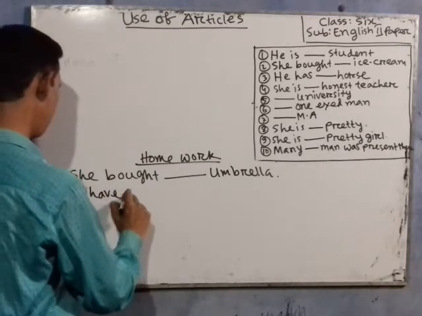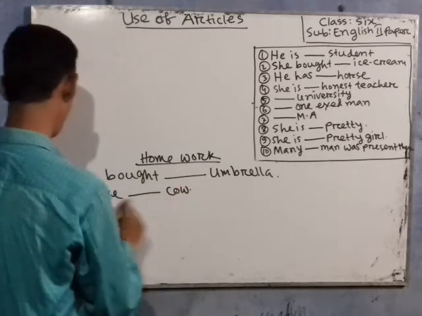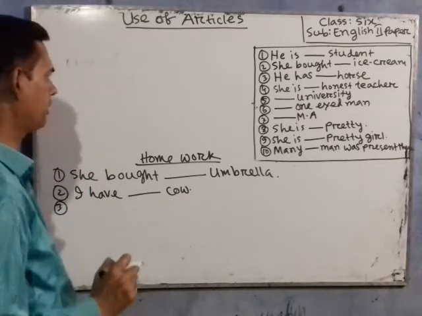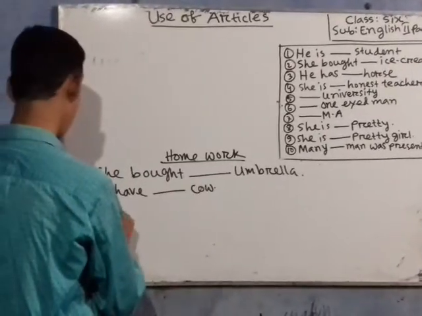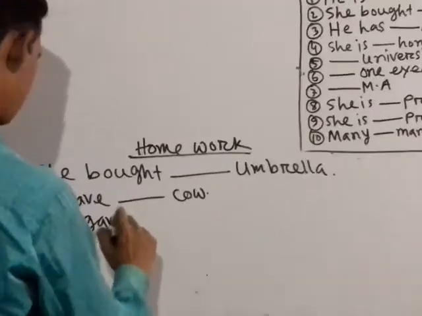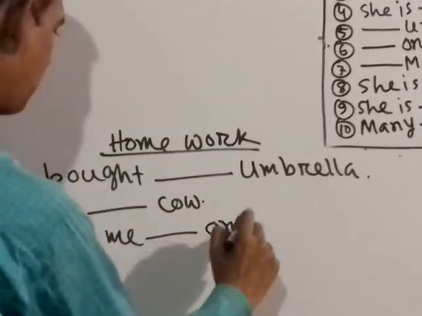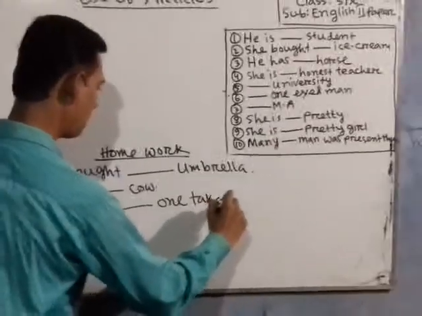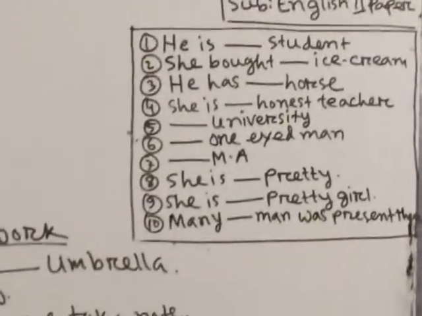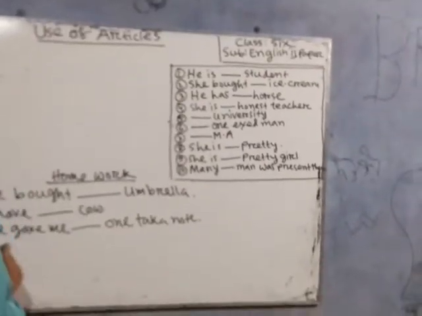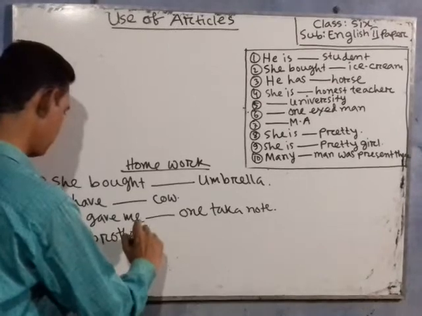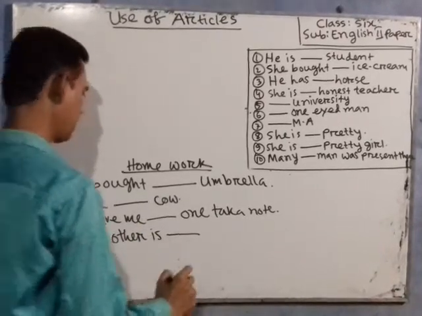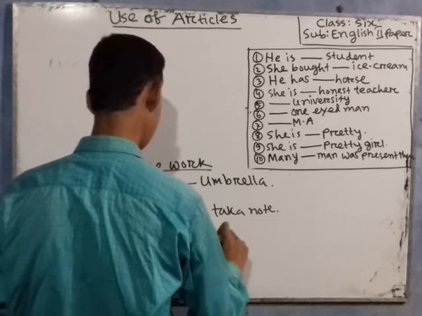Number 2: I have dash cow. Number 3: she gave me dash 1 taka note. Number 4: my brother is dash MBBS.